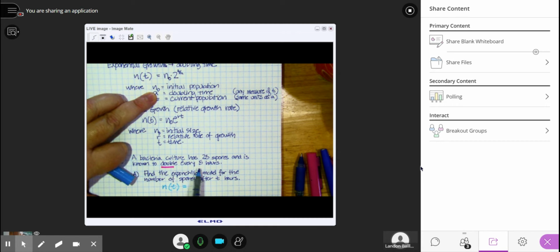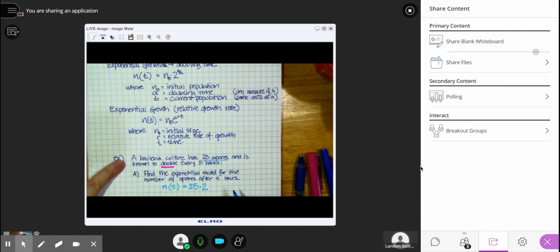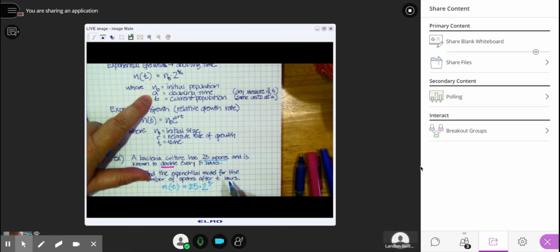And for this problem, our initial population was 25 spores times 2 to the t, which I do not know, over a, or the doubling time, in this case, 5 hours.